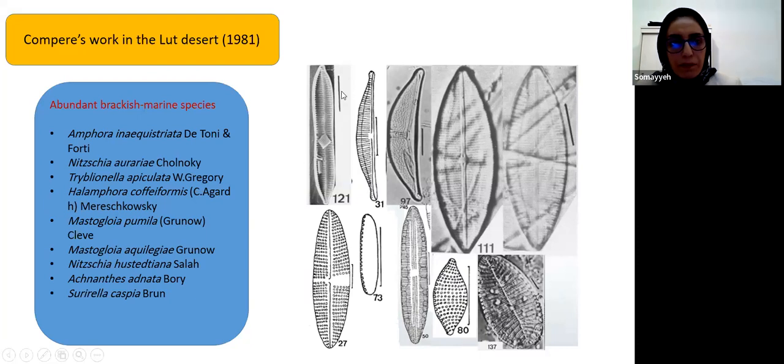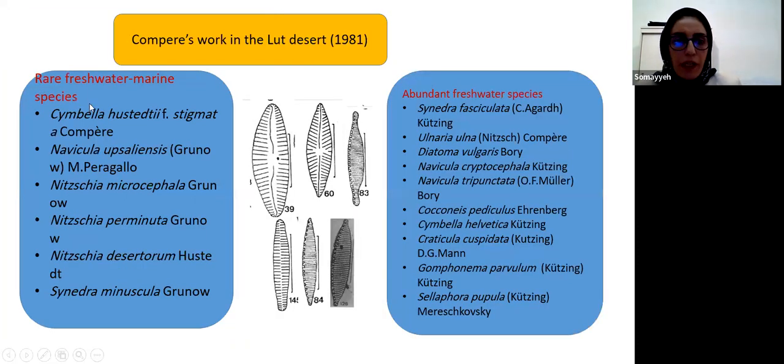And he found some freshwater species that were rare, and these images belong to this group: Cimbella, Hochstedti, variety stigmata, Navicula upsaliensis, Nitzschia microcephala, Nitzschia perminota, Nitzschia desertorum, and Cynedra minuscula.